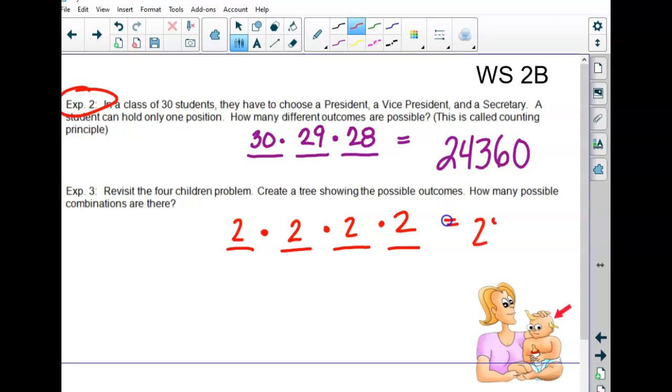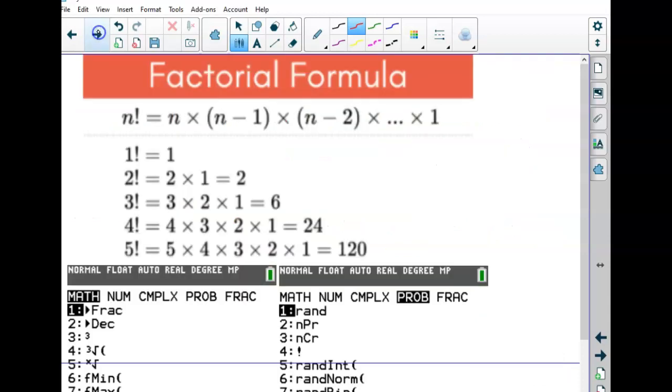So there were 2 to the 4th, or 16, options. That's really all it asks. How many possible combinations are there?